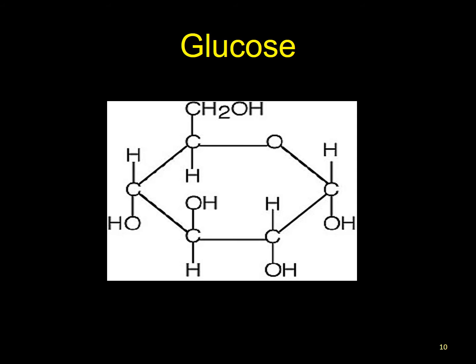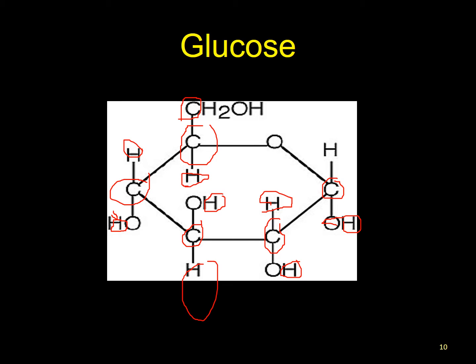This is diagrammed out. So 6 carbons: 1, 2, 3, 4, 5, and 6. 6 carbons, 12 hydrogens: 1, 2, 3, 4, 5, 6, 7, 8, 9, 10, 11, 12, because there's 2 of them here.